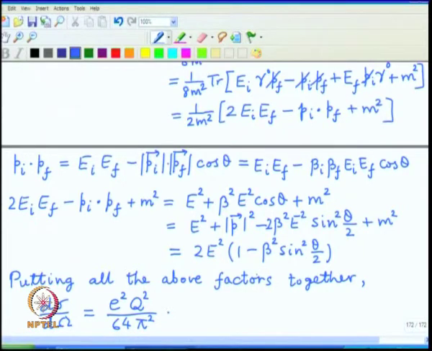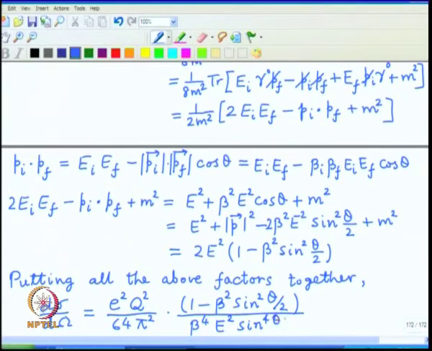There is a factor which is just what we calculated, 1 minus beta square sin square theta by 2, and there is the denominator which comes from essentially the normalization coming from the flux, and all these factors of E square have been included in the normalization.